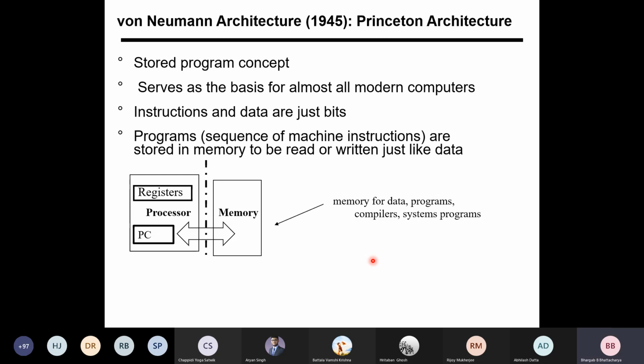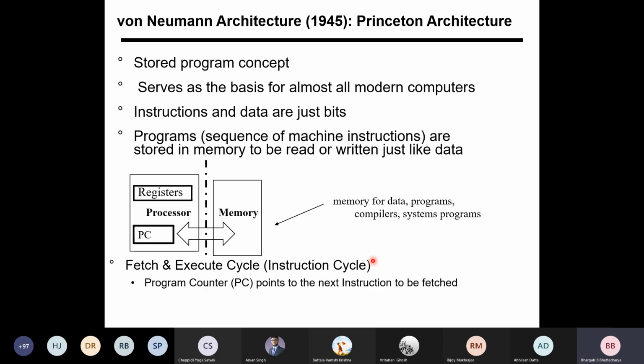So you have a flat memory that stores data, programs, even compiler programs, systems programs, OS, everything as binary strings, as bits. And for an instruction, there would be a fetch operation and an execute operation and so on.